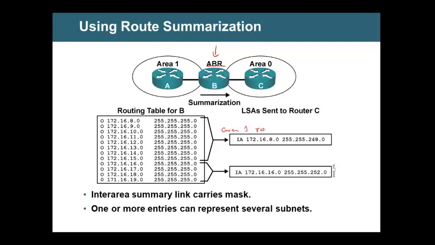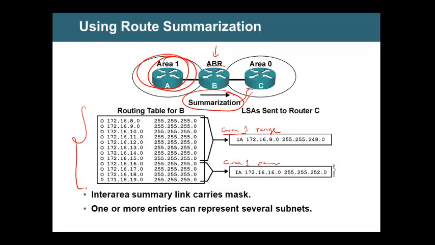These are all area 1 subnets, and you're giving the summarized route to area 0. So don't focus on area 0. You need to focus on area 1 because these networks belong to area 1. That's all. This is what is called ABR summarization.